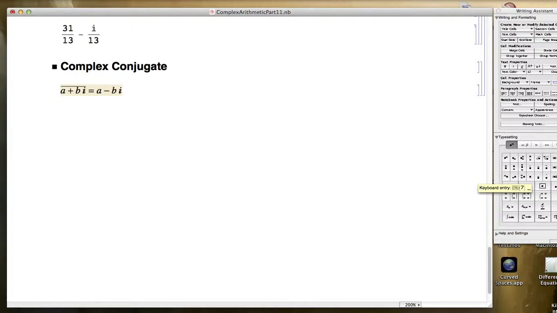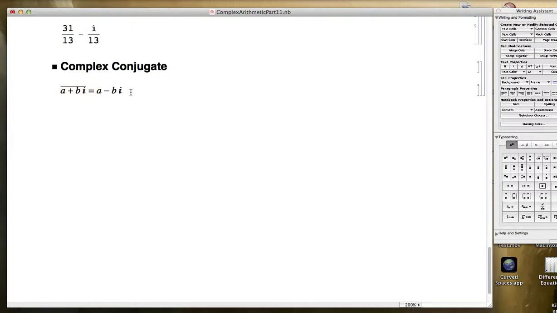If b happens to be positive, so that the original complex number is above the real axis, then its complex conjugate will be below the real axis. The imaginary part will be negative. On the other hand, if b, the imaginary part of the original number, is negative, so that the original number is below the real axis, then the complex conjugate will be above the real axis, because negative b will be positive in that case.